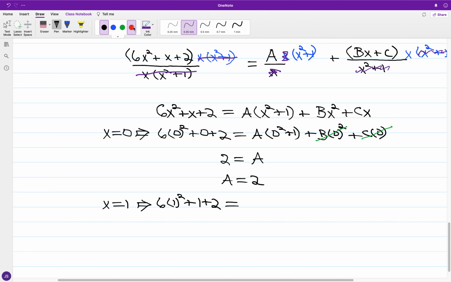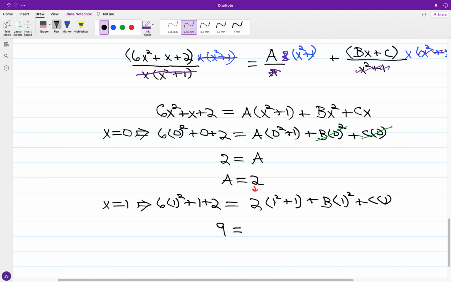Now a is known, so I have 2 times 1 squared plus 1 plus b times 1 squared plus c times 1. Okay, so 1 squared is 1, 6 times 1 is 6, plus 1 is 7, plus 2 is 9.